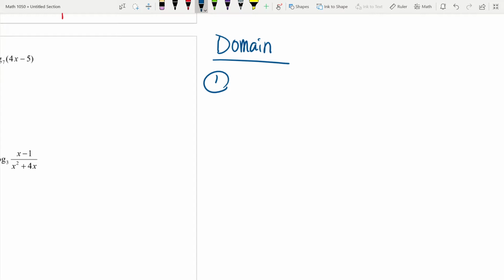How many things do you look for? Do you remember from the past? 2 things. What's one of them? X on the bottom. So everybody write fraction, like y equals 1 over x. What do you know about x? X cannot be 0.